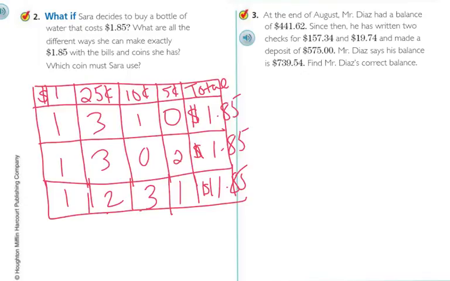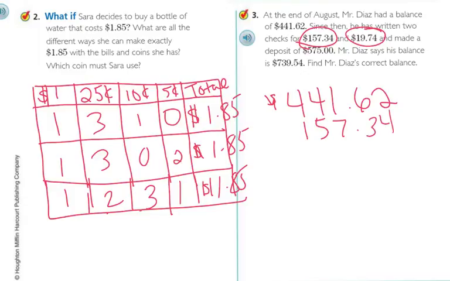So this is something, again, that you're going to do all the time. So let's do this. My starting balance was $441.62. Okay, since then I wrote 2 checks. I had this check and this check, so I want to take those out of the balance. So let's first take out the $157.34. I can't take 4 from 2, so I'm going to make that be 12, and I'm going to make this one be 5. 12 from 4 is 8. 5 from 3 is 2.